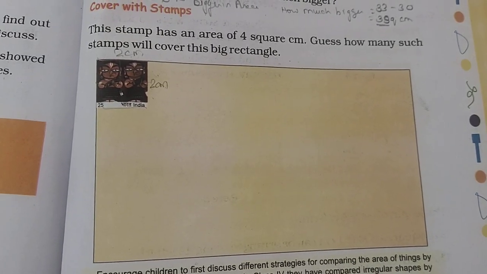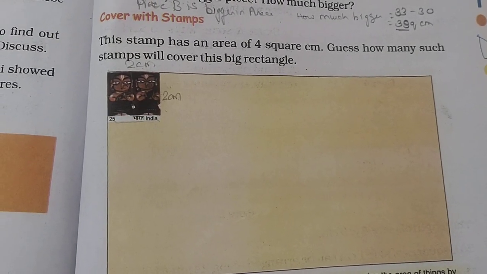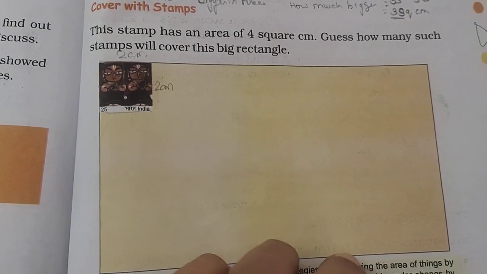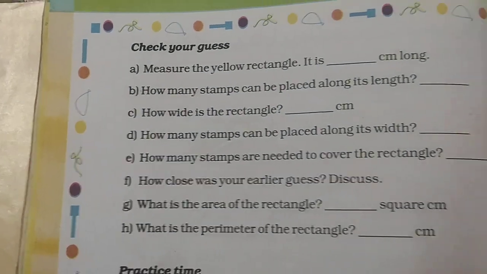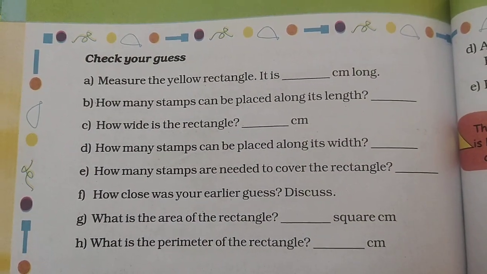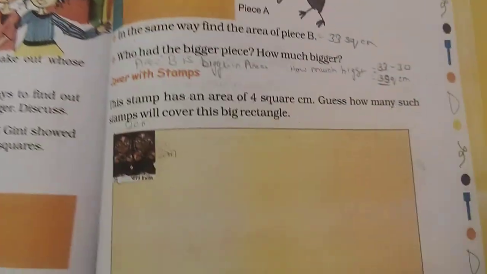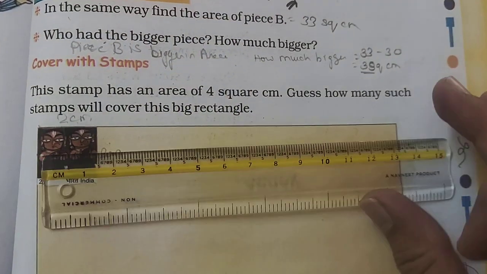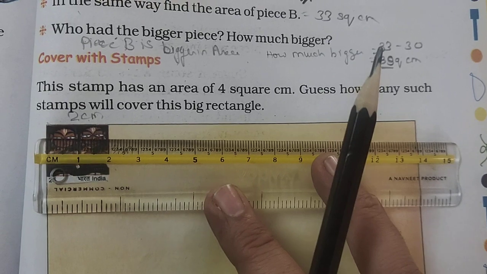First of all, we are supposed to find out the length and the breadth of this big rectangle. Let's see, is there any length or breadth given for this big rectangle? Measure the yellow rectangle. No, nothing is given. Okay, so first of all we will measure it. Now take a scale. Let's measure.